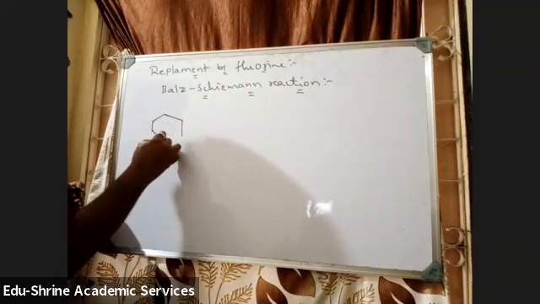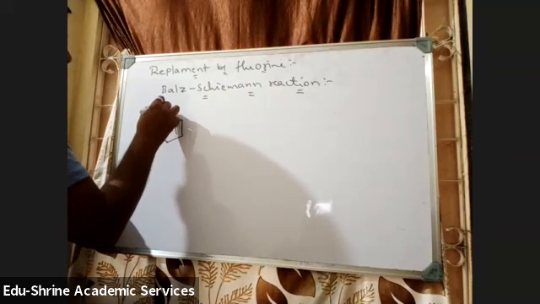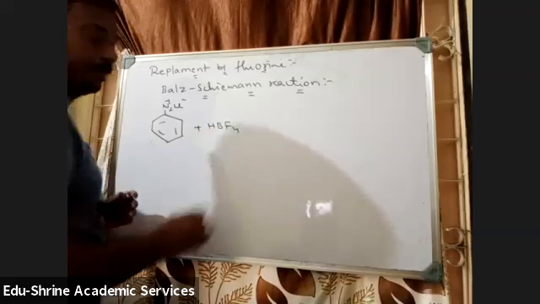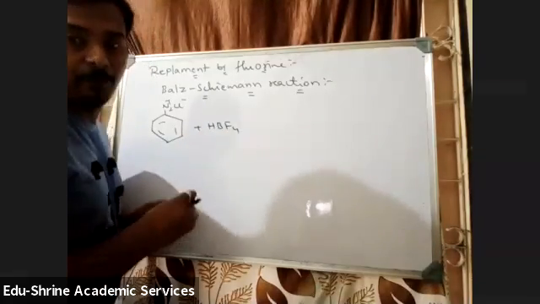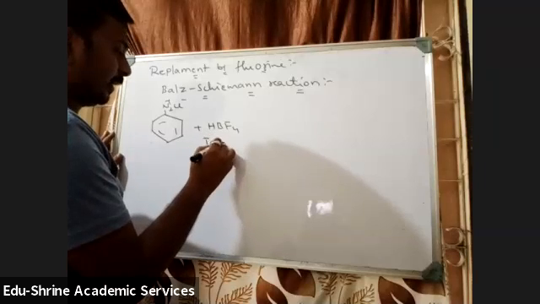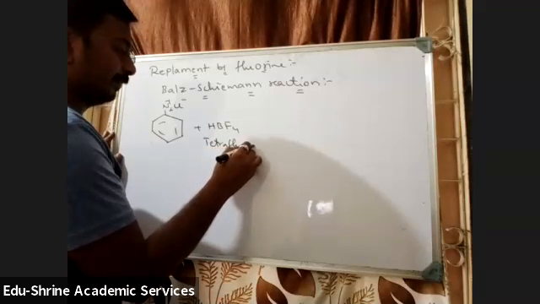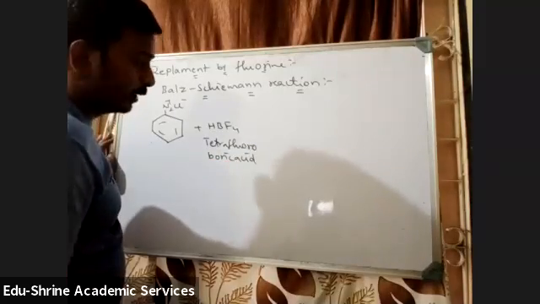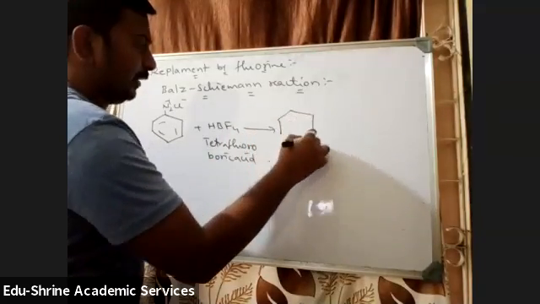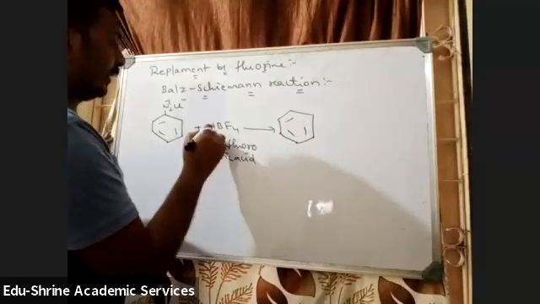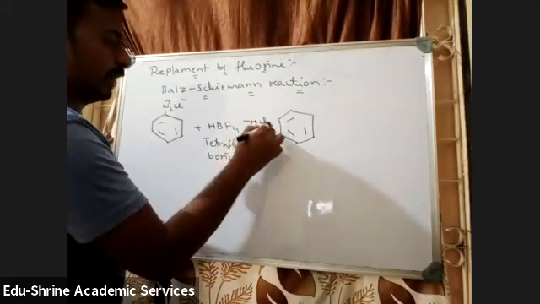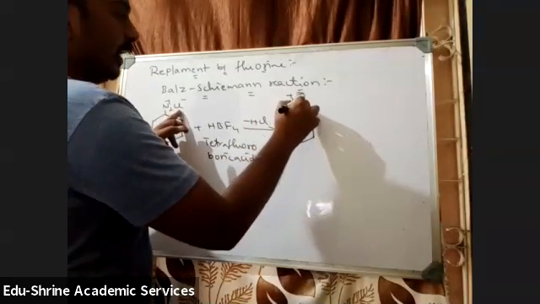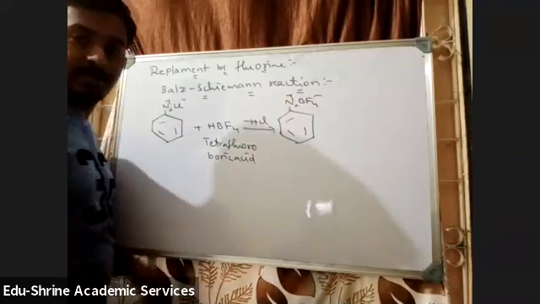First we take benzene diazonium chloride and react it with HBF4, tetrafluoroboric acid. From this, hydrogen and chlorine are removed as HCl and BF4 minus is attached here. You will get N2+ BF4-.